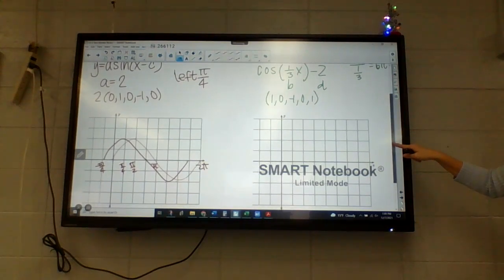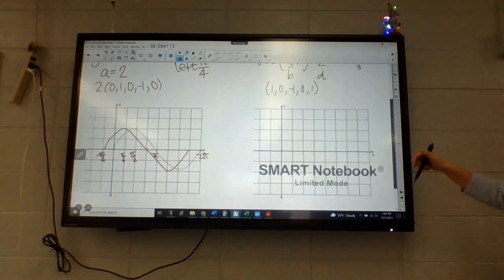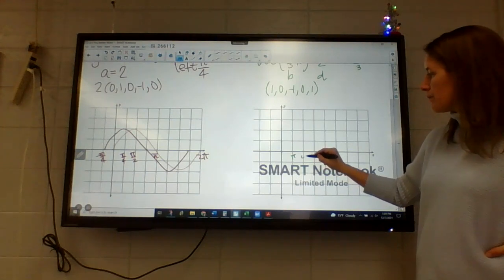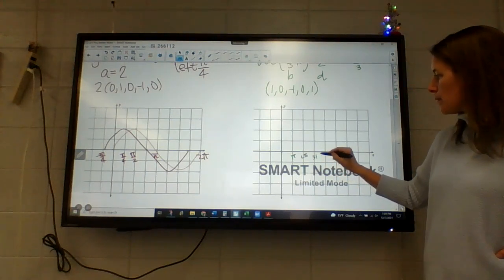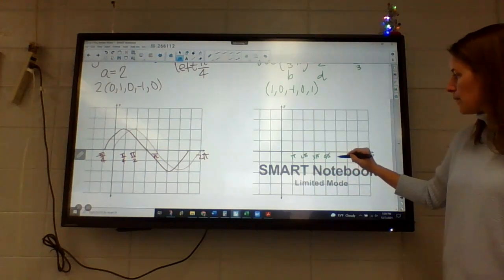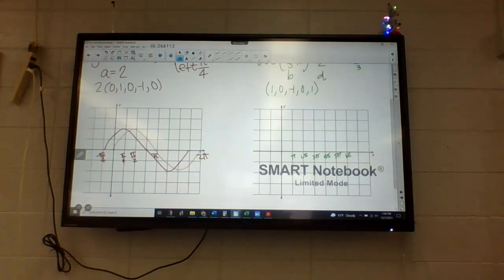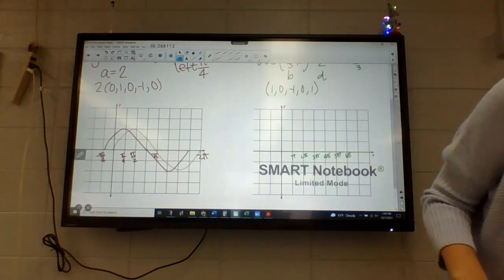So I'm probably going to go up by pi's on this one, I think. Right? Too many lumps there. Okay, so 6 pi. So again, I'm going to do a dotted line and then a solid line.